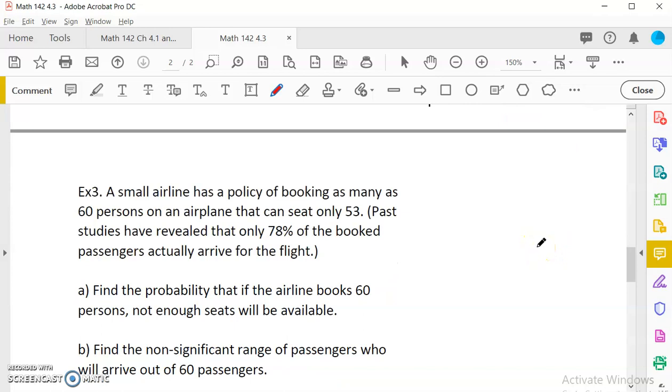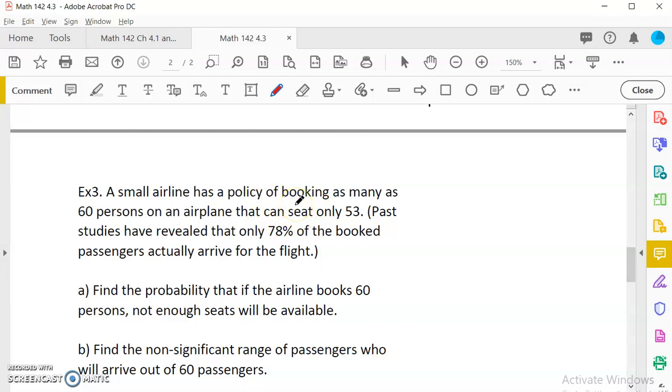The third application that is quite useful in daily life is in airlines. Airlines have a certain number of seats only, but they usually overbook, booking more passengers than the seats the airplane can handle.